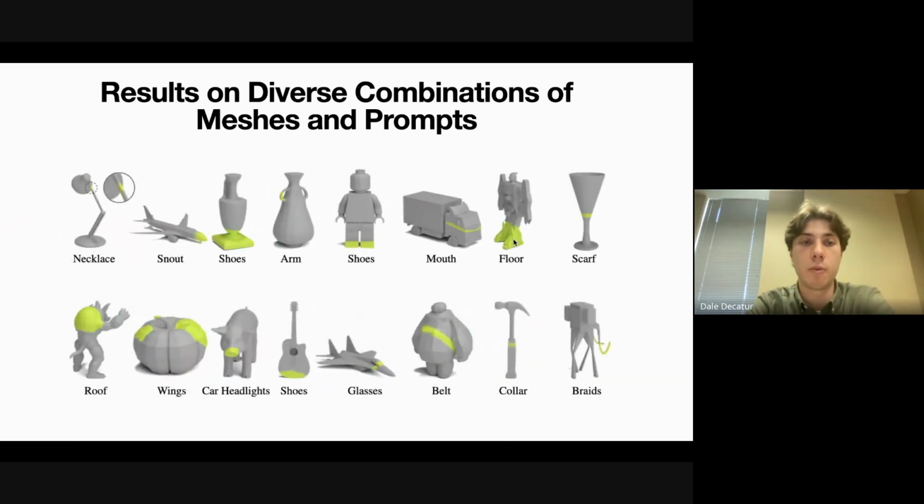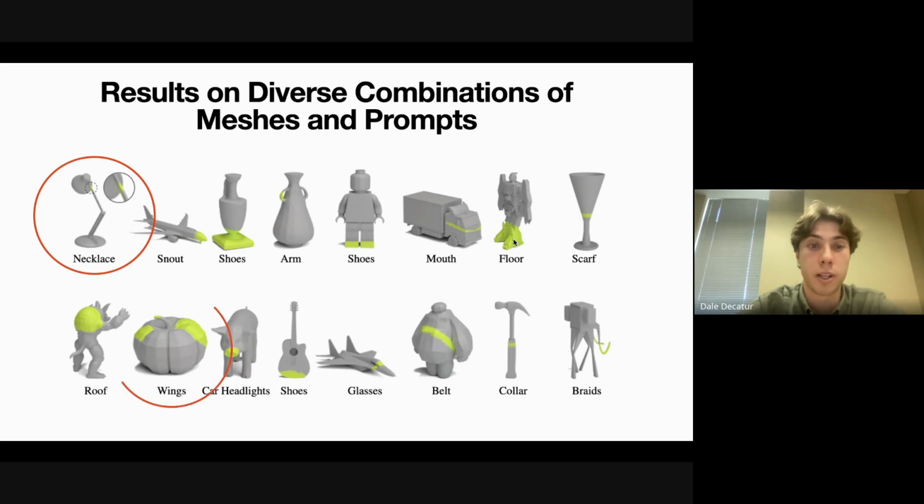Another interesting thing that we notice is that a lot of the target localizations don't necessarily have to match up to something reasonable for the underlying meshes. Here, obviously, lamps don't wear necklaces and pumpkins don't have wings, but it's able to generalize and give a reasonable result, which is exactly what we want.